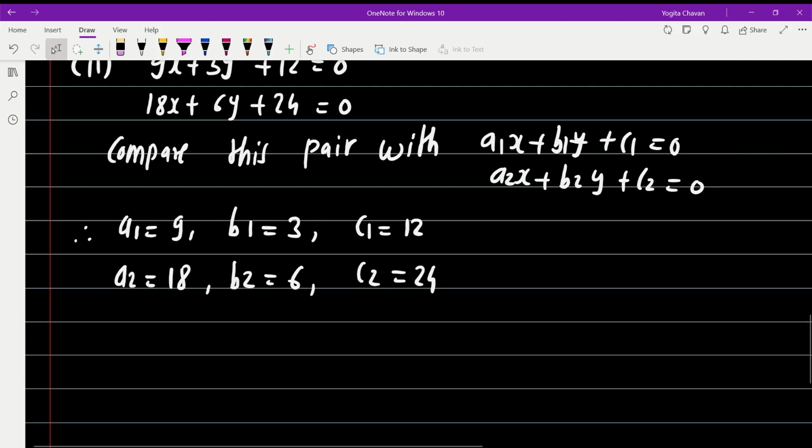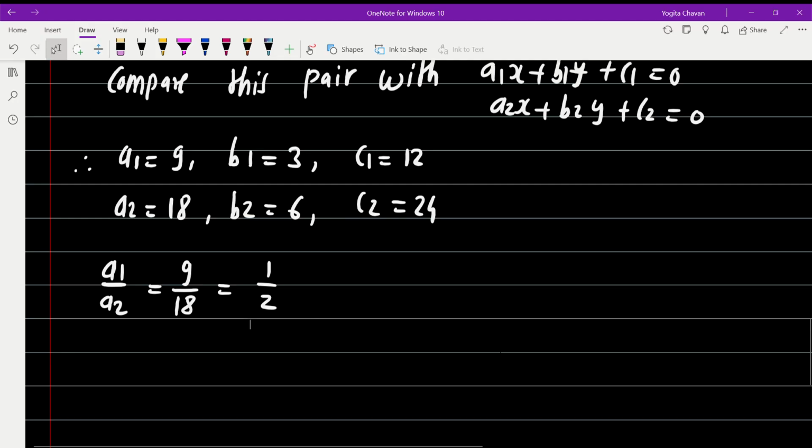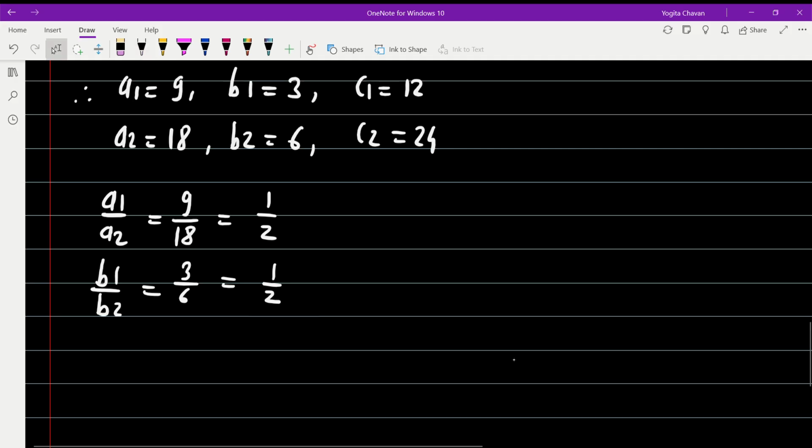Now compute a1 upon a2. a1 upon a2 is equal to 9 upon 18, and 9 upon 18 means it is 1 upon 2, because 9 into 2 is 18. Then b1 upon b2 is equal to 3 upon 6, and 3 into 2 is 6, so it is 1 by 2. Then c1 upon c2 is equal to 12 upon 24, and is also equal to 1 by 2.